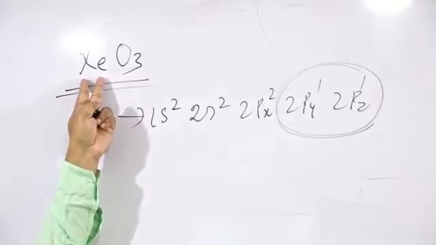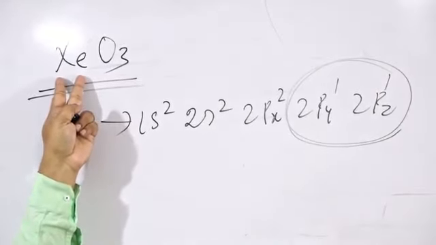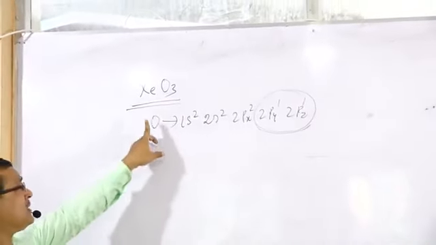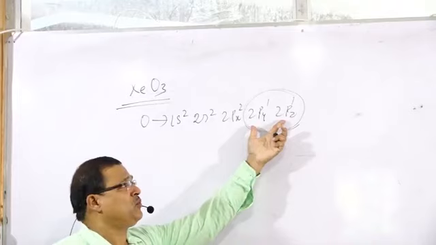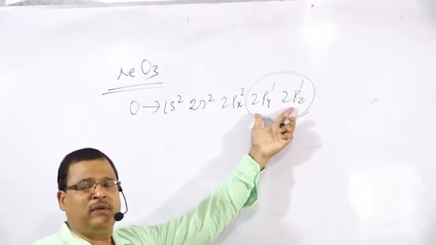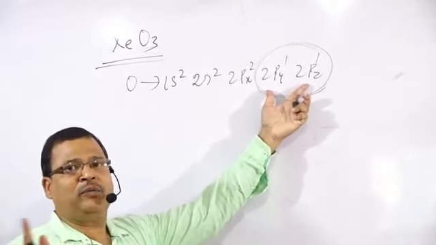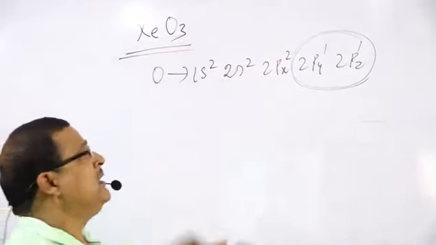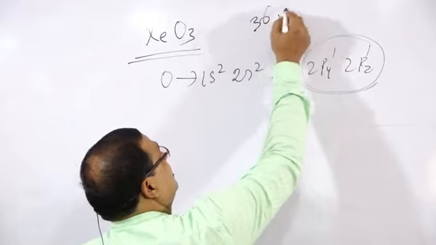Therefore, one will be head-on overlap and another lateral overlap to form pi. Means the oxygen atom can form 2 bonds, one sigma and one pi. So with 3 oxygen atoms, there are 3 sigma and 3 pi bonds.